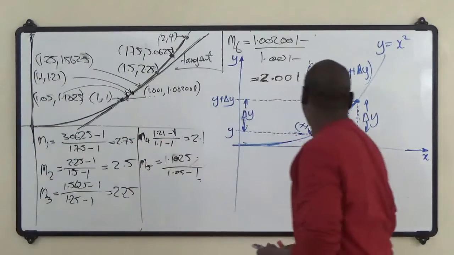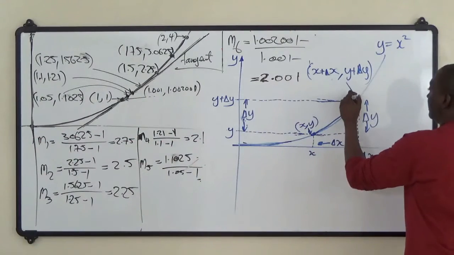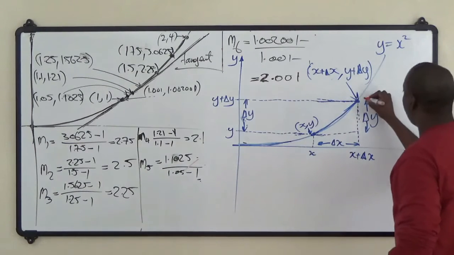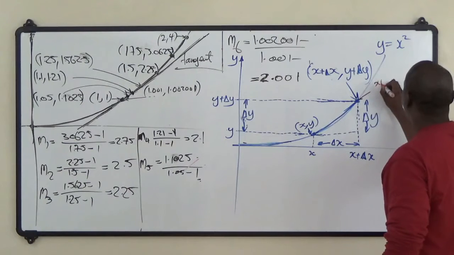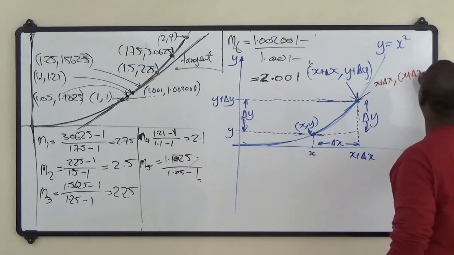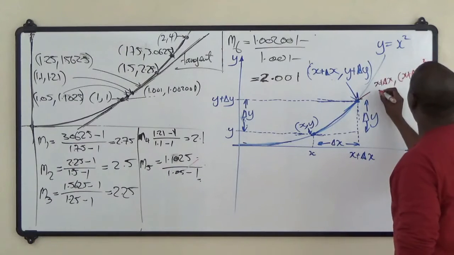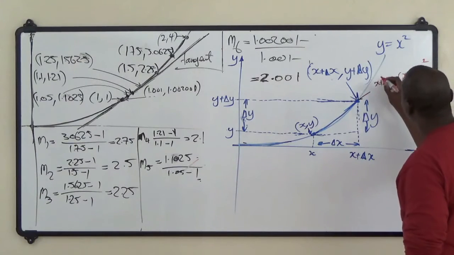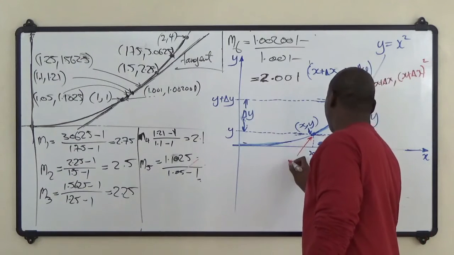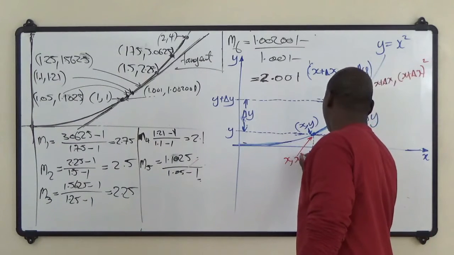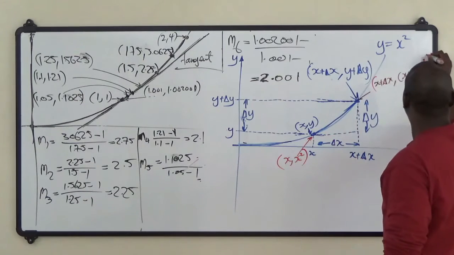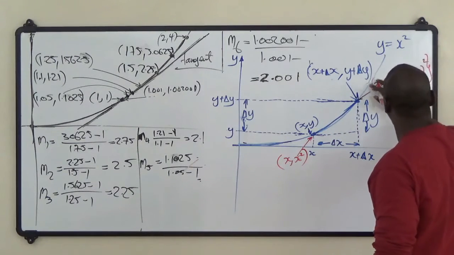So if y is equal to x squared, watch it now, then this point is also the same thing as x plus delta x, comma, x plus delta x squared. That is your coordinates right there. And this point is the point x, comma, x squared. That is one point, and that is the other point here.